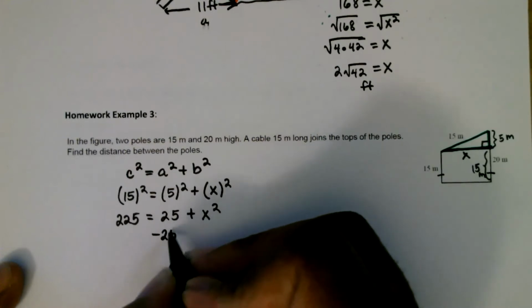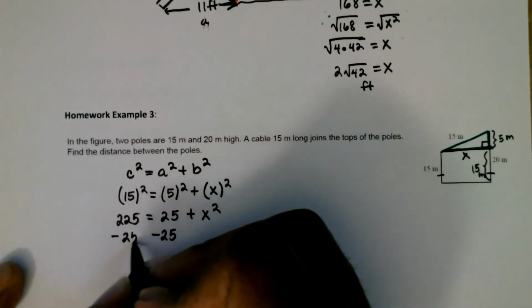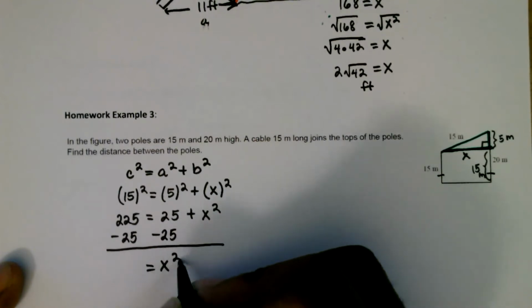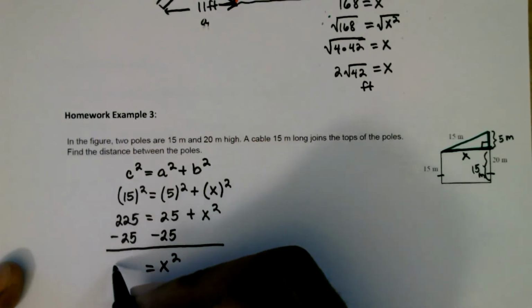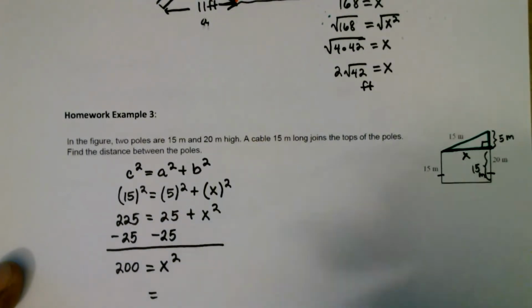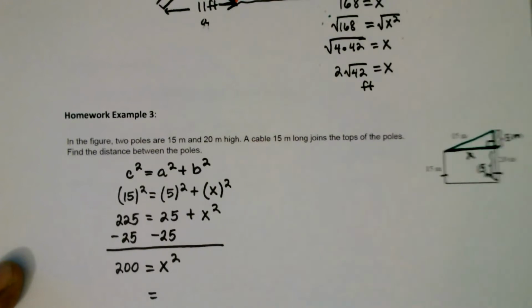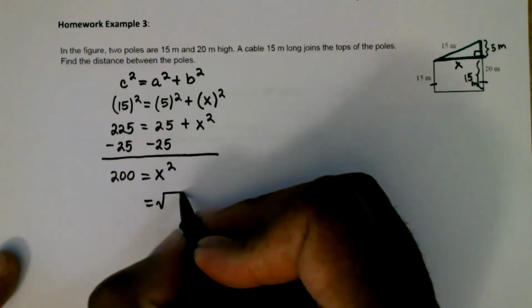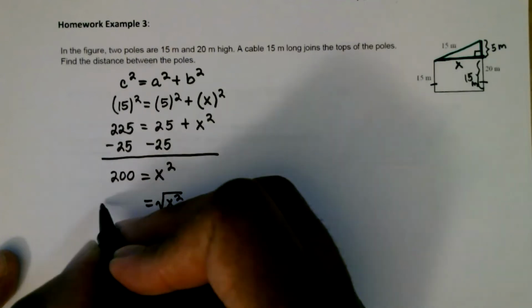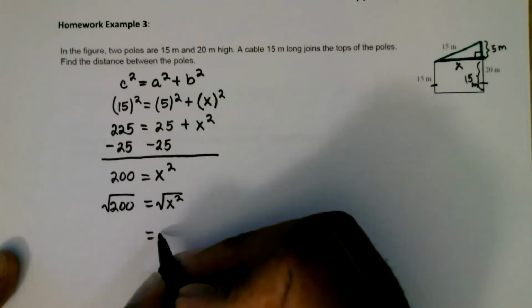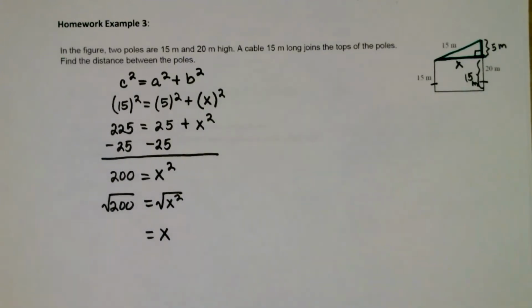Then if I subtract 25 on both sides of this equation, that would mean x squared is equal to 225 minus 25, which is 200. And now to solve for x, since I'm squaring the x, the opposite of that would be to take the square root on both sides. Square root of x squared would be x.